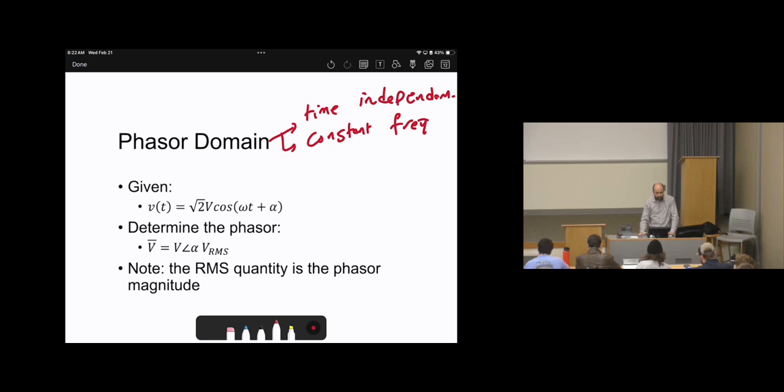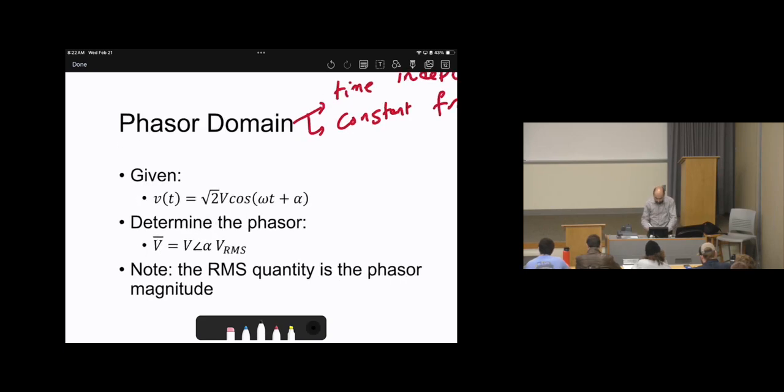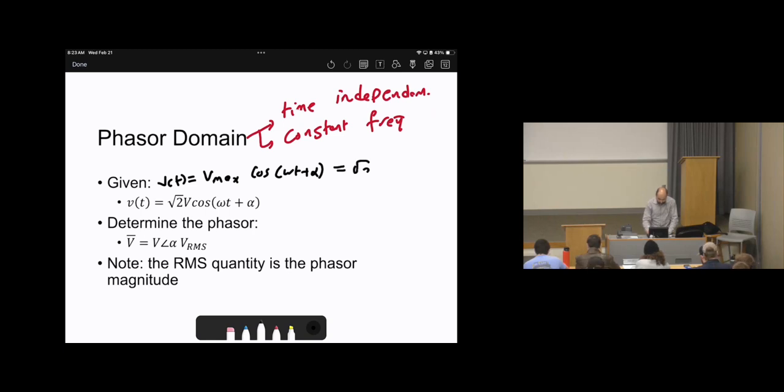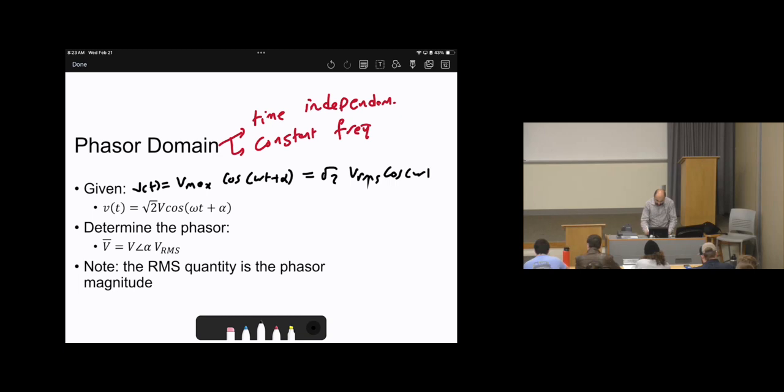Okay, how can I convert the voltages or the currents into the phasor domain? Basically, we used to have v(t) as V max cosine(omega t plus alpha), or in other words, it can be square root of 2 V RMS cosine(omega t plus alpha). Do you agree with me on this? These are the formats in terms of max and in terms of RMS, right?